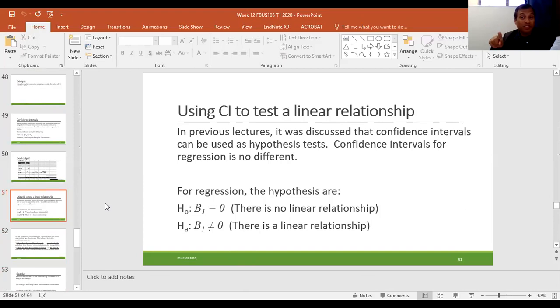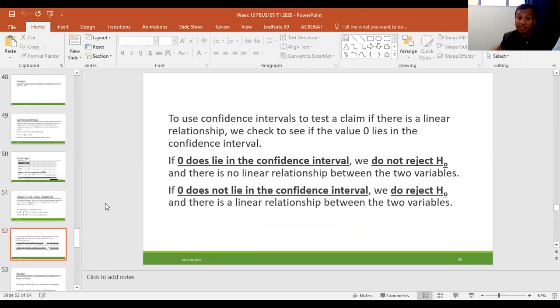If slope is zero, there is no relationship. In order for a relationship between x and y to exist, there must be a value of b1 apart from zero. In that case, there will be a linear relationship. In our case we have seen the slope range 0.34, 0.35, right?